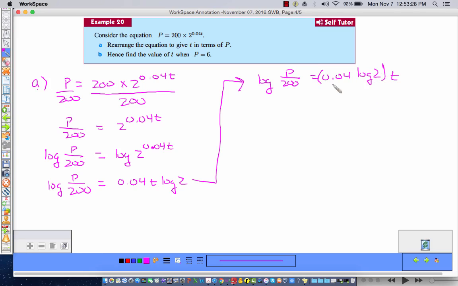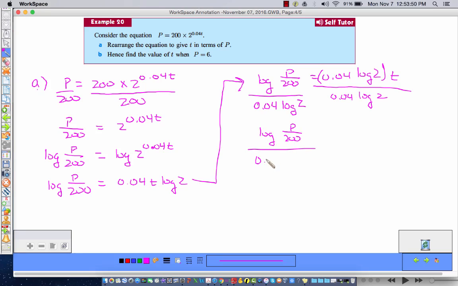And so, since it's something times t, I can divide by that. So 0.04 log of 2, divide by 0.04 log of 2. And I finally get it. That log of p over 200 divided by 0.04 log of 2 is equal to t. So we've done part A quite nicely.